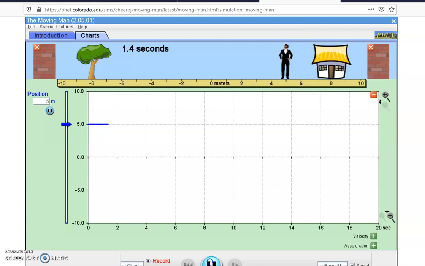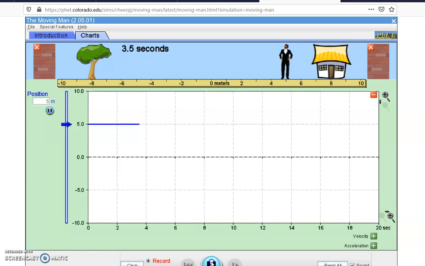And so what we see is we're getting a horizontal line, and the horizontal line is just at the 5 mark, staying where it's supposed to be there, just as we had seen before.